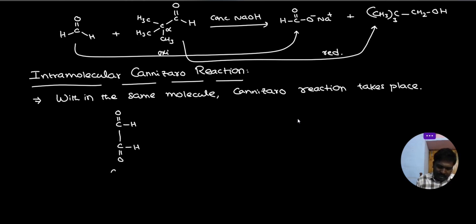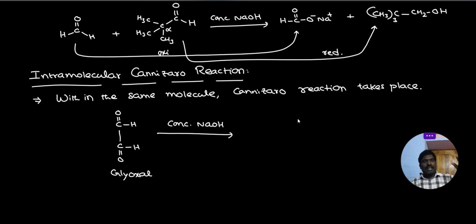What is the name? Glyoxal, with concentrated base. In this molecule, is any sp3 carbon or alpha carbon there? No sp3 carbon. Both carbons are double bonded carbons, meaning sp2 carbons. With respect to each aldehyde, the other carbon is an sp2 carbon.